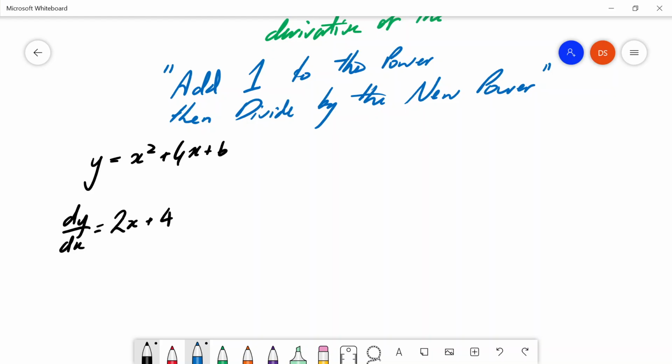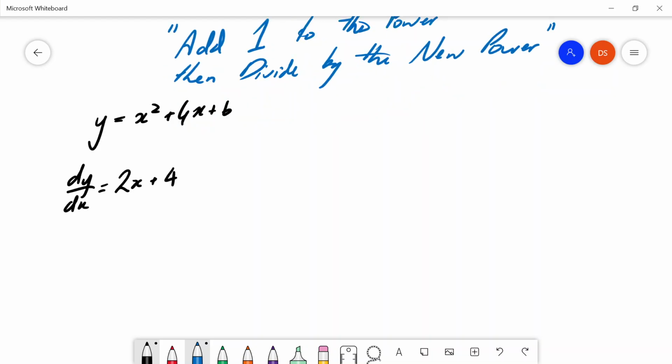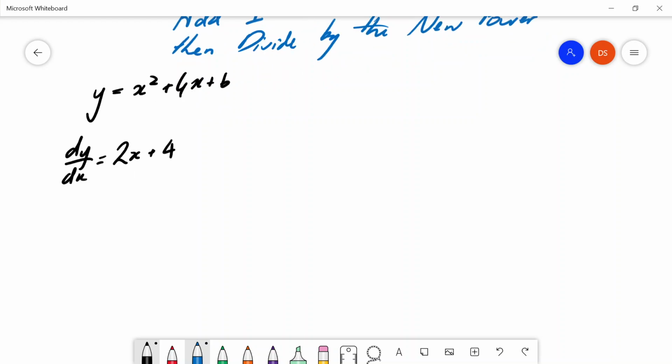The 6 disappears because it differentiates to 0. Now if we do this backwards and try to integrate, we get y equals add 1 to the power, divide by the new power, for each term, and then we're missing the 6.